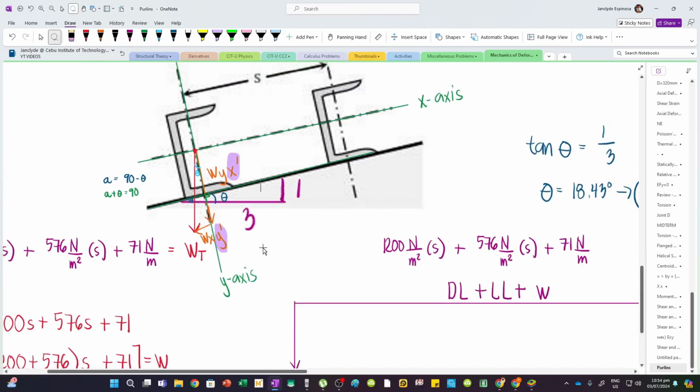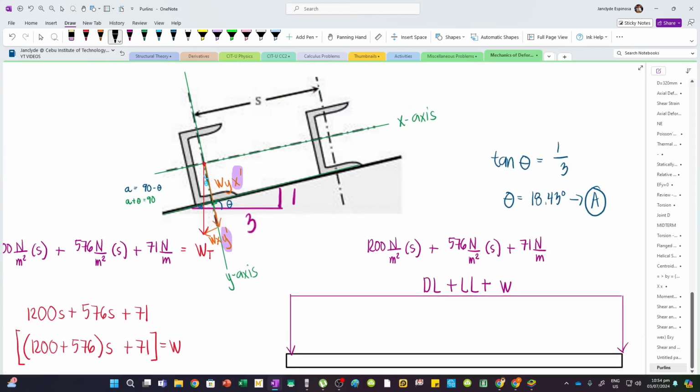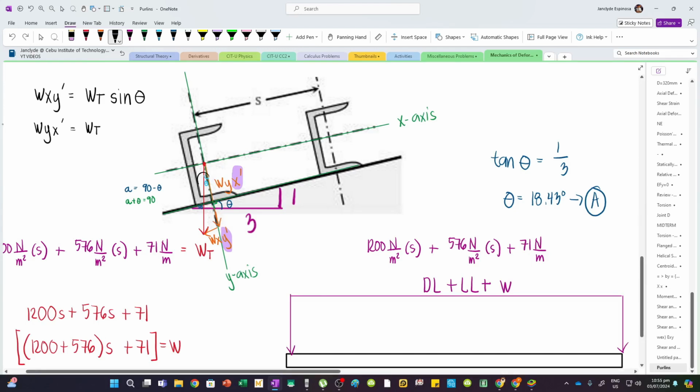So balik tayo. We can now solve wxy prime. Since this is our reference angle, we're gonna use sine to get this component. So we have wt sine of theta. And then for wyx prime, we have wt cosine theta, because this is the adjacent side to the reference angle.